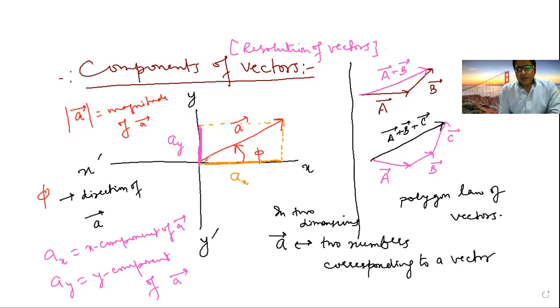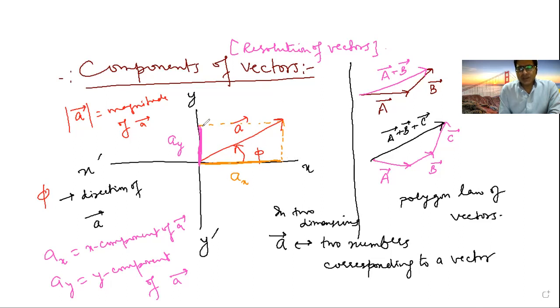Then this length is sometimes called the x projection of A. This is called the y projection of A. These lengths are called rectangular components of A, because this coordinate system is called a rectangular or Cartesian coordinate system, right? So see, there is a relation between the magnitude and these components. See how.